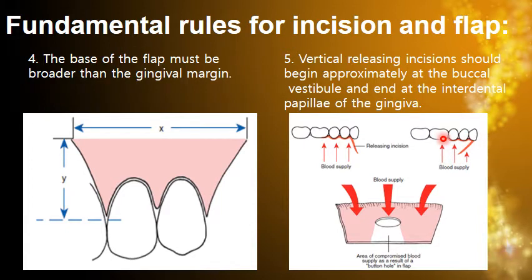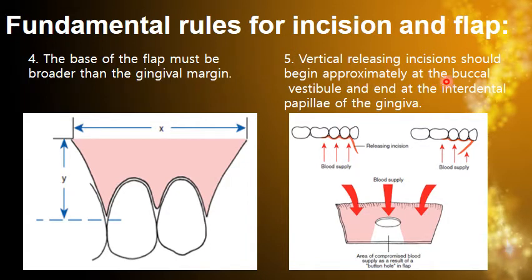If I make the base smaller than the gingival margin, I will have an area without a blood supply because of the incision line. This area of tissue, with no blood supply, will lead to necrosis, infection, exposed bone and delayed healing. So always the base should be broader than the gingival margin.